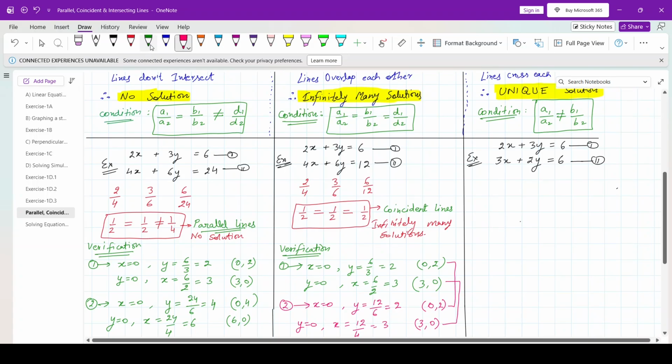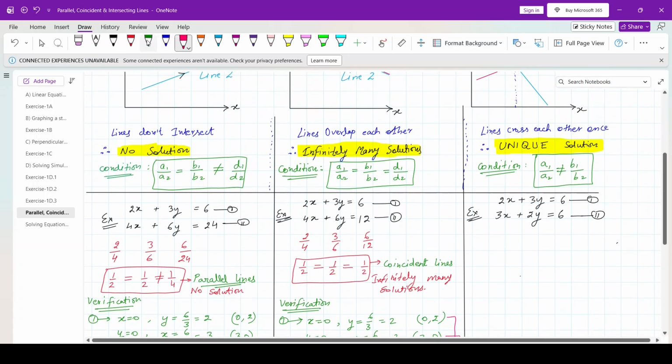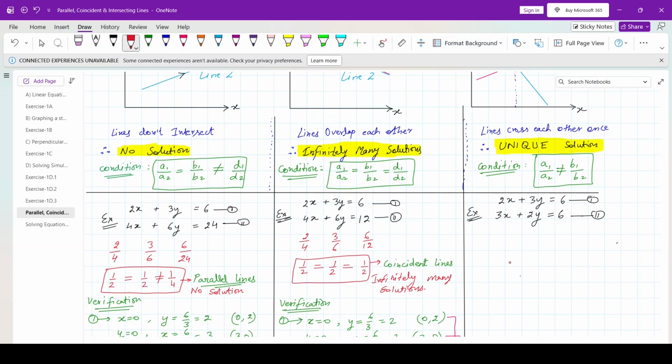Now let's take the third example where lines intersect. So our condition says if a1 by a2 is not equal to b1 by b2. So a1 by a2 is 2 by 3, b1 by b2 is 3 by 2.